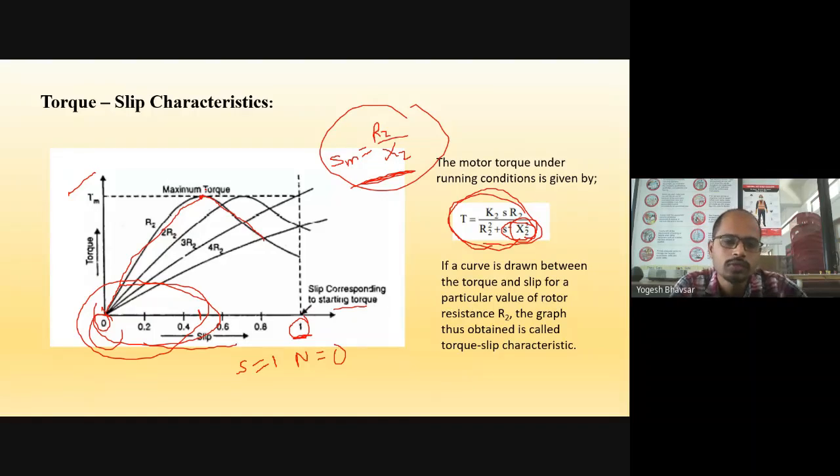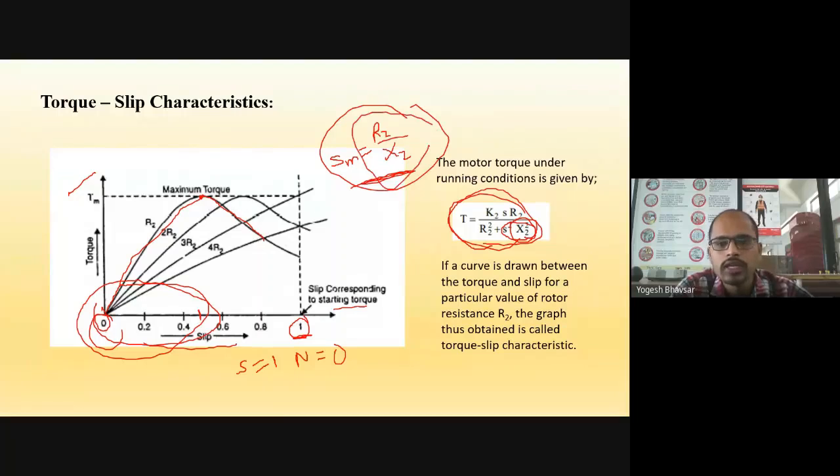What you can observe is, if the resistance increases, the maximum torque will be the same, but its occurrence will depend on the slip. As slip increases, the maximum torque also shifts. So for different values of rotor resistance, there will be different values of slip at which the maximum torque occurs.